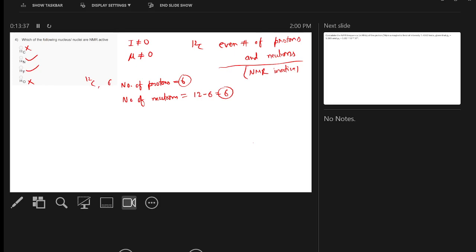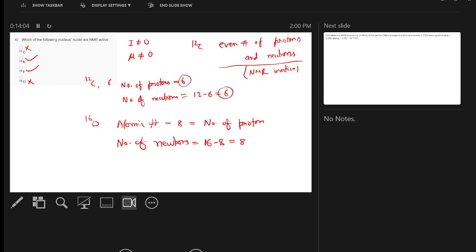Similarly, you can see for oxygen also, 16, and the atomic number is 8, which is equal to the number of protons, and the number of neutrons is equal to atomic mass minus number of protons. Okay.